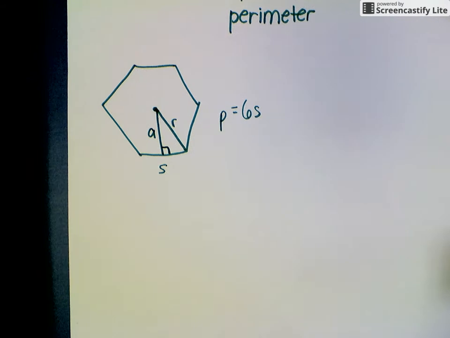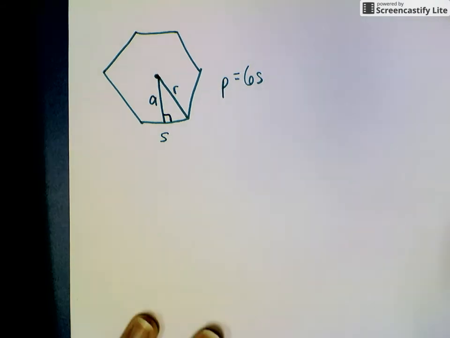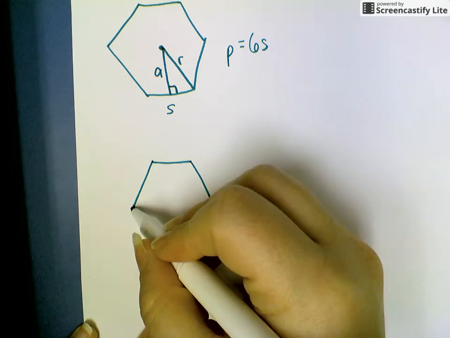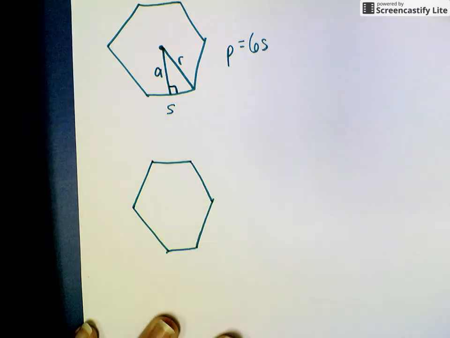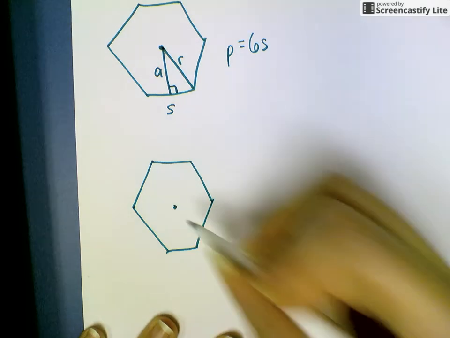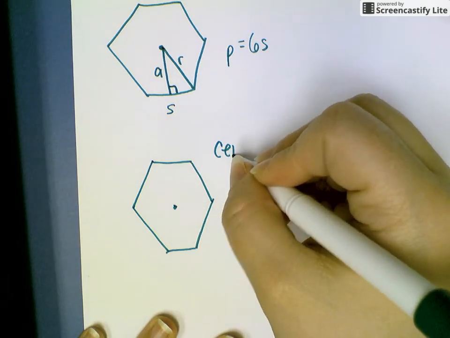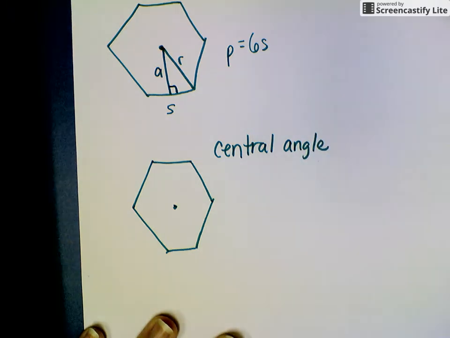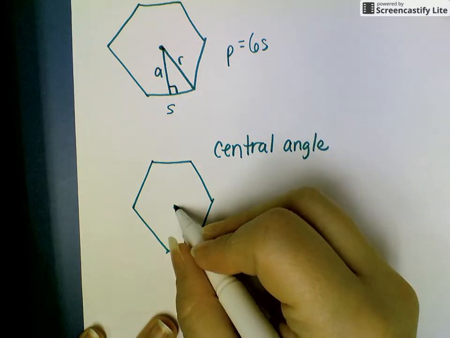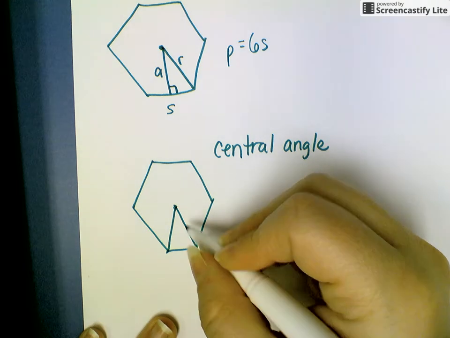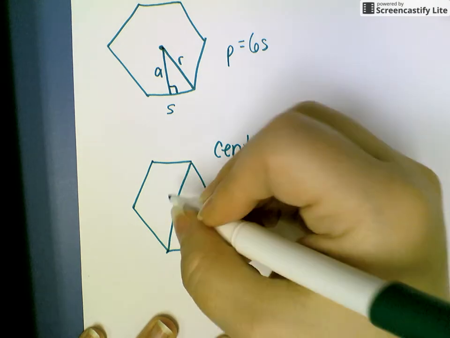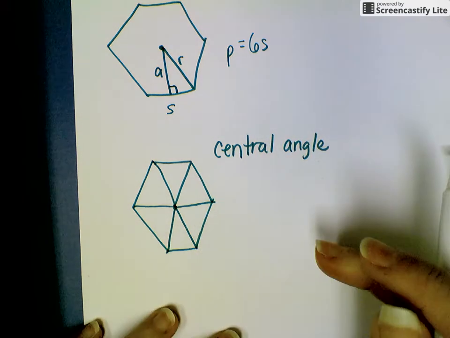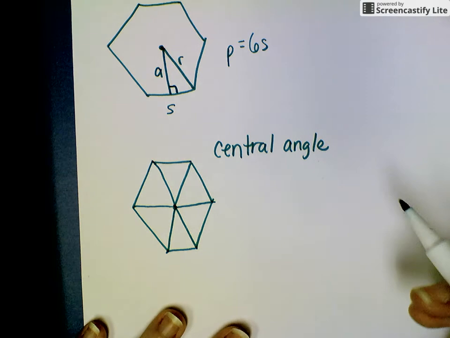Another thing that we need to know for our hexagons here is what a central angle is. So if I take and draw another hexagon, it's a little bit better. Right down here, we're going to figure out what a central angle is. If I were to take this hexagon and draw all of the radii in there, I have formed 6 triangles.